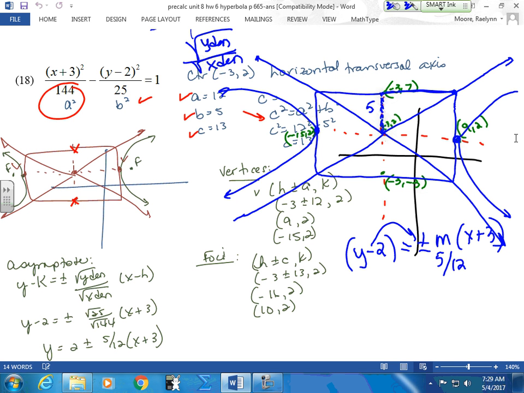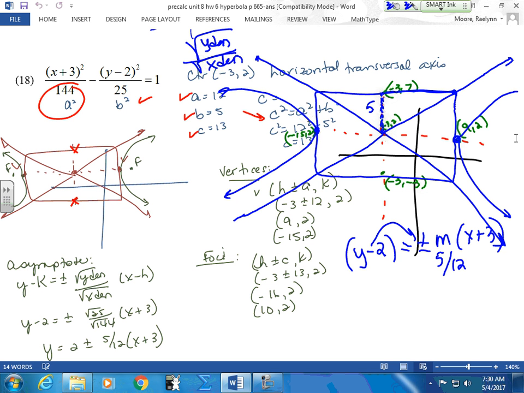Now if you graph those two lines in your calculator, you will see that they cross at this point, where your center is. So the hyperbola kind of has a center, if you can call it a center, where everything is going to be equal distance from that, and they have vertices for your little parabola parts.